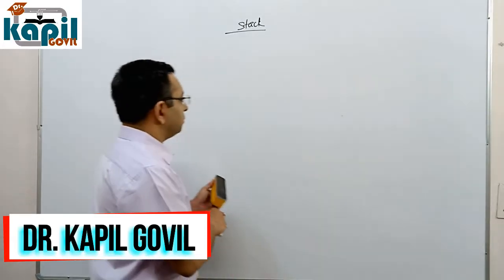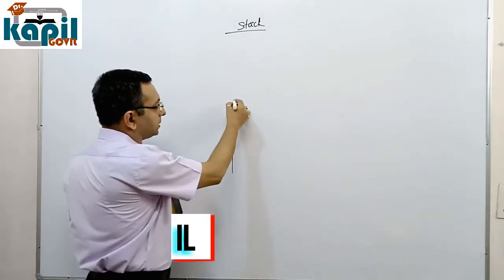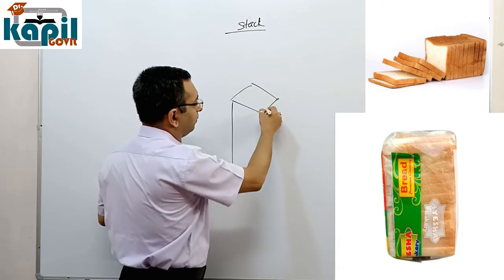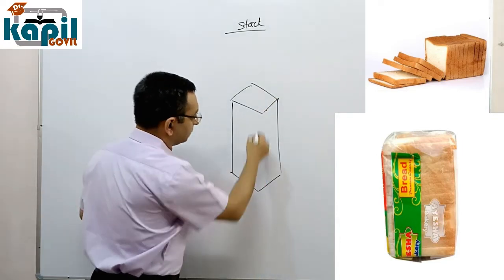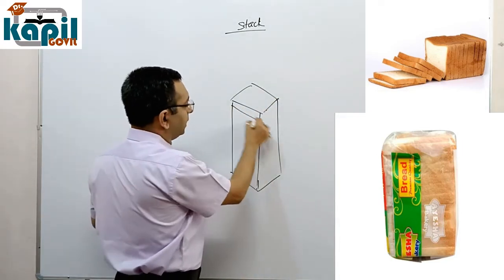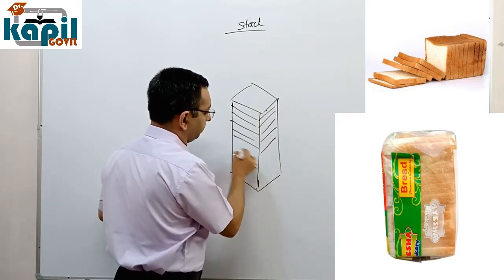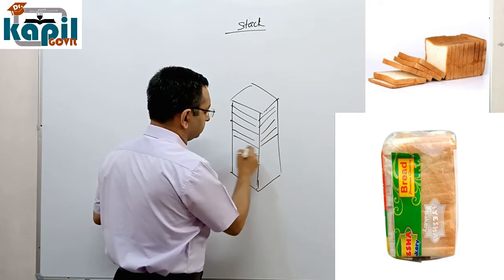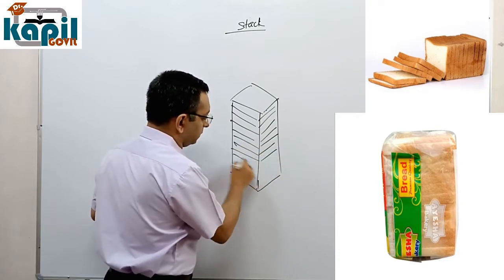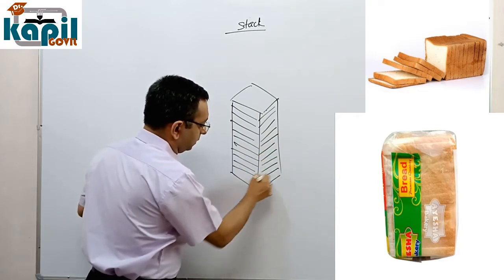Suppose you purchase a packet of bread from the market, and there are some bread slices like this.